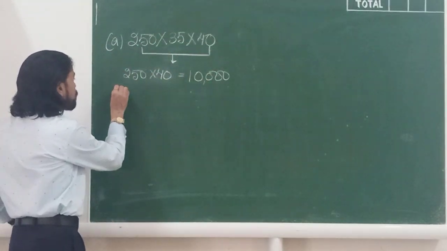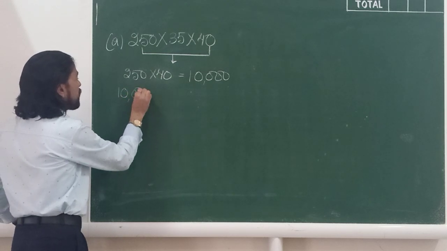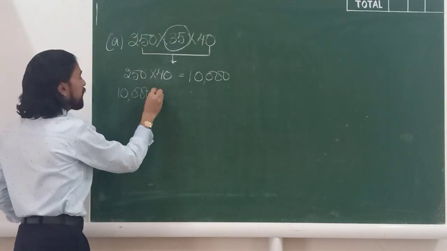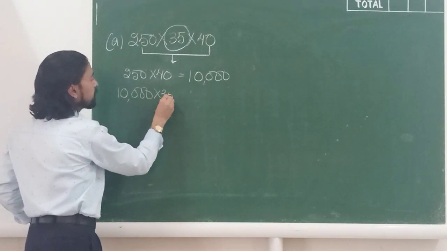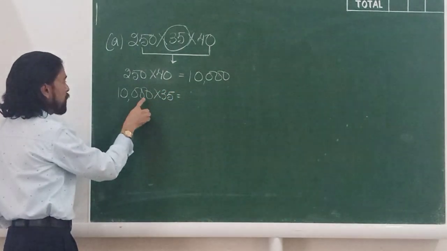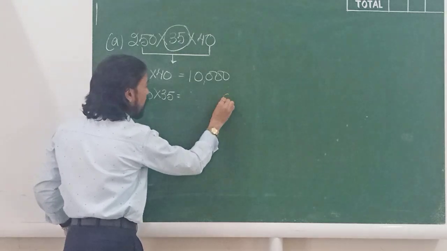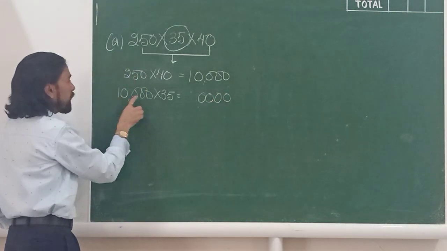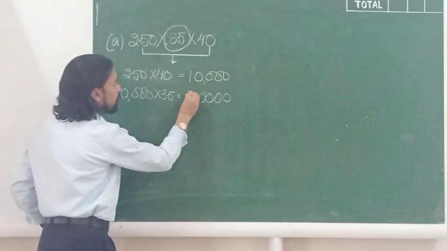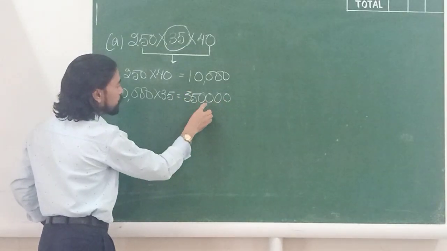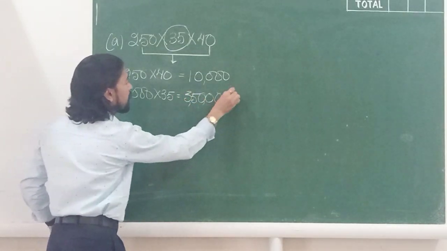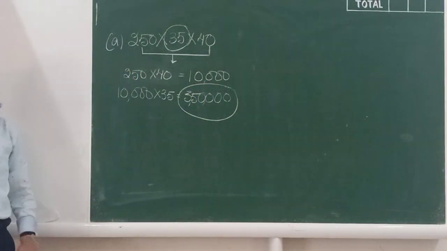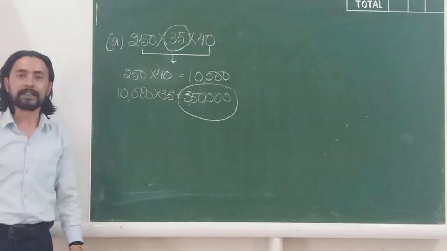Now what I have to do with this 10,000 is multiply it with the number that is remaining, that is into 35. And what do I get? 1, 2, 3, 4 zeros. And 35 is 35. So my answer is 3,50,000. I directly get my answer.